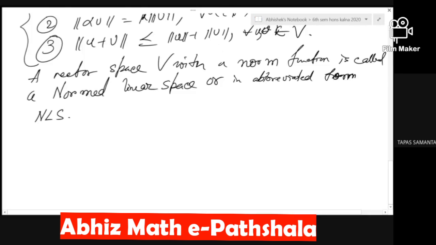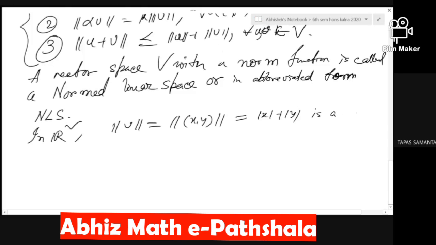For example, in R2, if we define norm v, where v is the point whose coordinates are x and y, as mod x plus mod y, then it will satisfy the axioms of a norm.